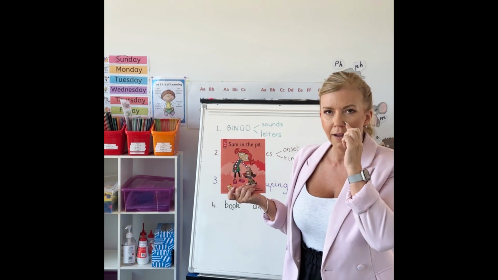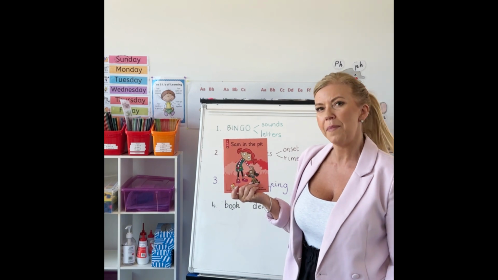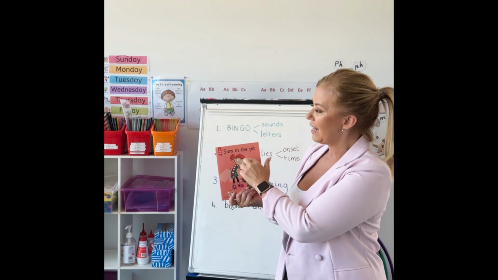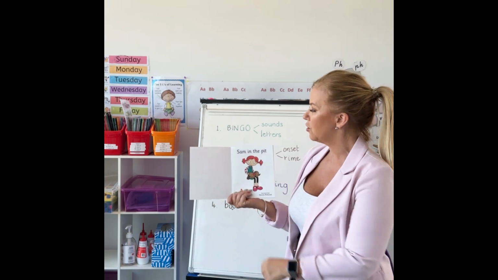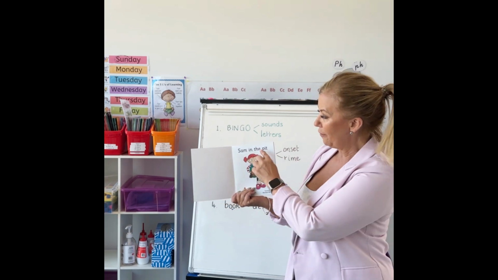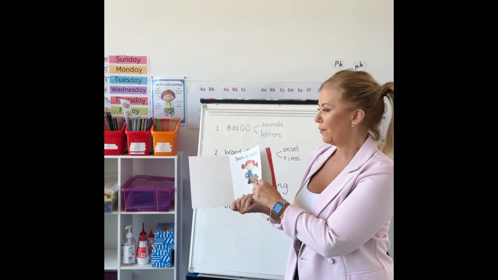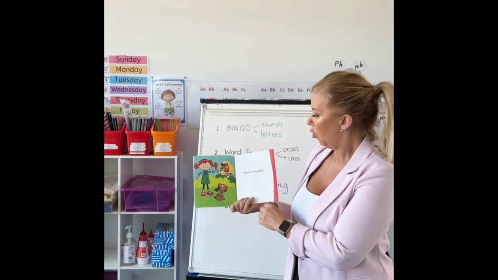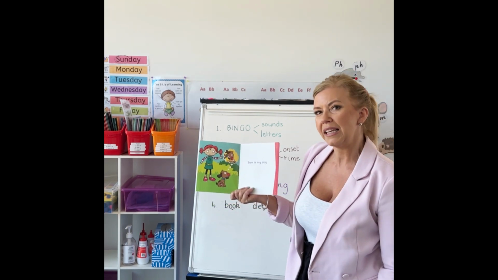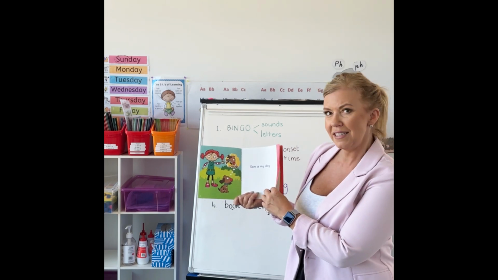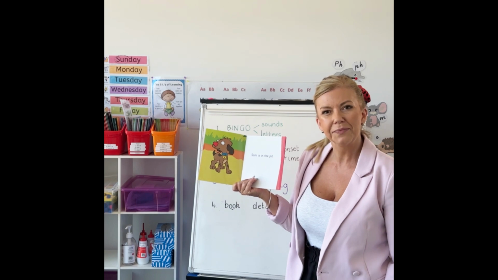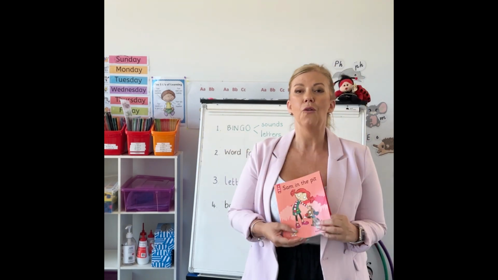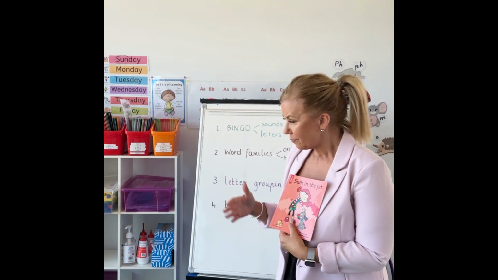So I, can you see it on that page? And they get excited. Yes, they can see that. And then all we're going to do now on each page, we're going to see if we can find our high frequency word. Oh, but we've got another one that starts with the it sound, but it doesn't have the n. Can you see it here? So that's all about being a book detective.